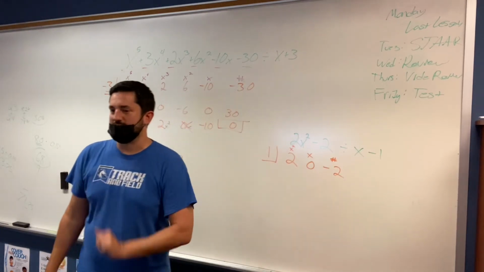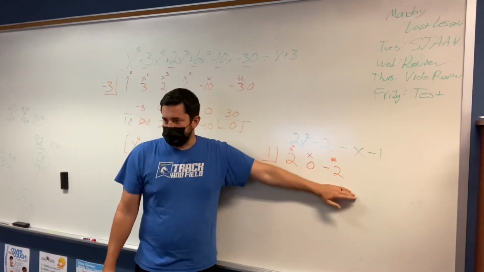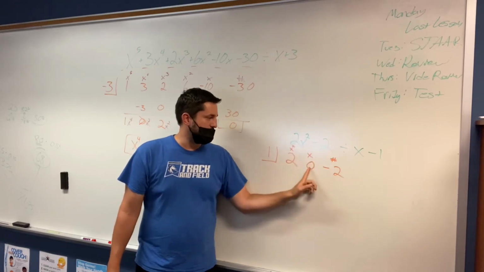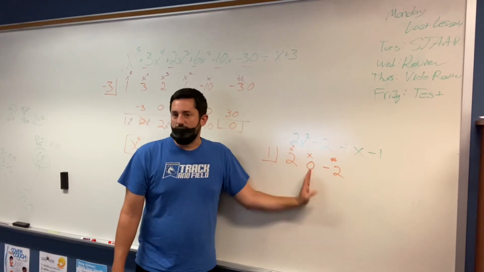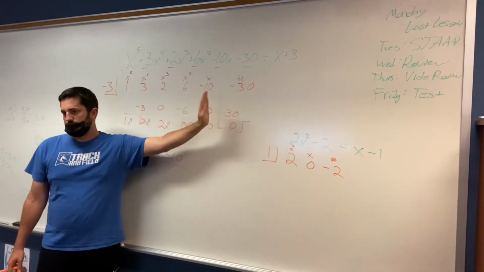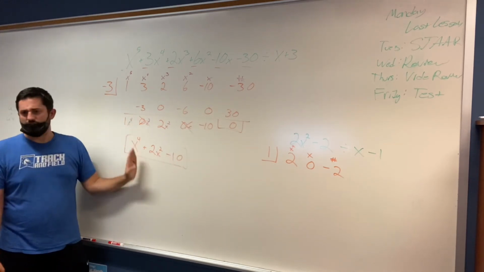But the test is not multiple choice, so good luck with that. I have an X squared. There's that many X squareds. How many X's are there? None. And what's my normal number? -2. And we're good now. Each column is accounted for. I had an answer of 0, so I had to make sure not to say it because it goes in that, yeah, okay.